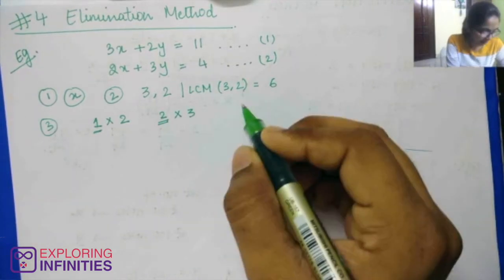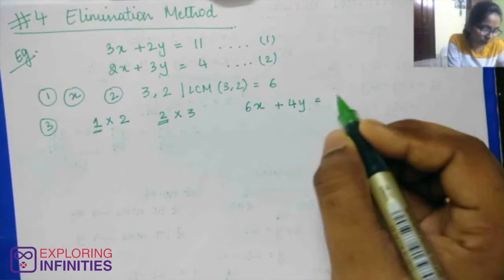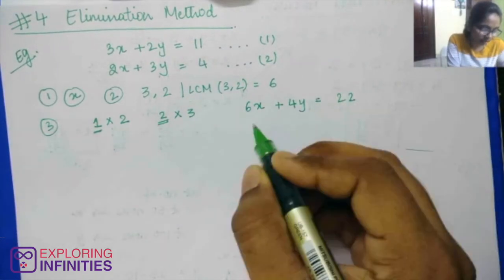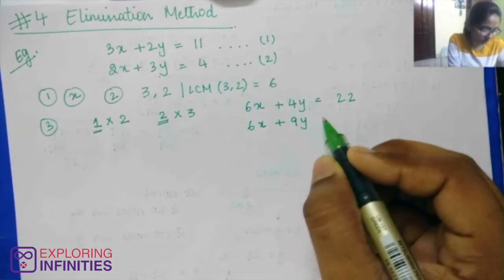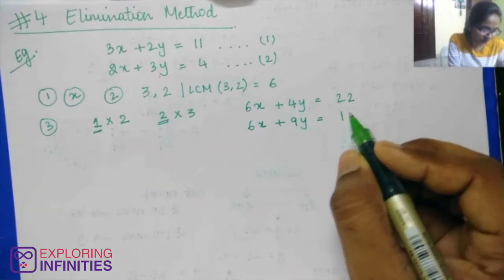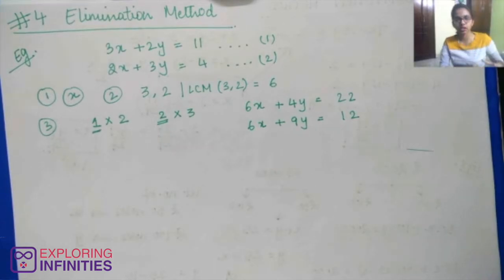So I have 6x plus 4y is equal to 22, and then 6x plus 9y is equal to 12. So my equation number 1 has transformed into this equation, and equation number 2 has transformed into this equation. We have these two equations now.